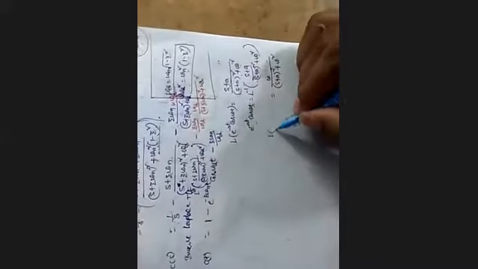So here is the formula for Laplace of e power minus at sin omega t: Laplace inverse of omega by s plus a whole square plus omega square equals e power minus at sin omega t.